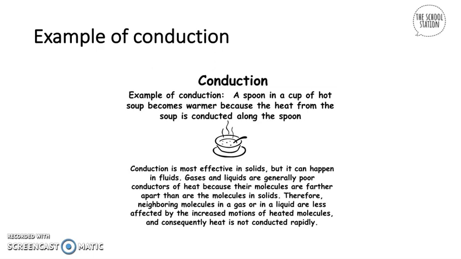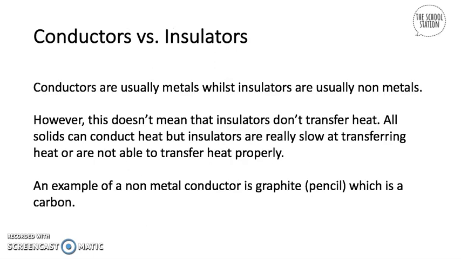So now we're going to go on to conductors versus insulators. You may have heard that there are two types of elements: conductors and insulators. Usually you will hear that conductors are metals and insulators are usually non-metals. The reason is that conductors transfer heat and they also transfer electricity.